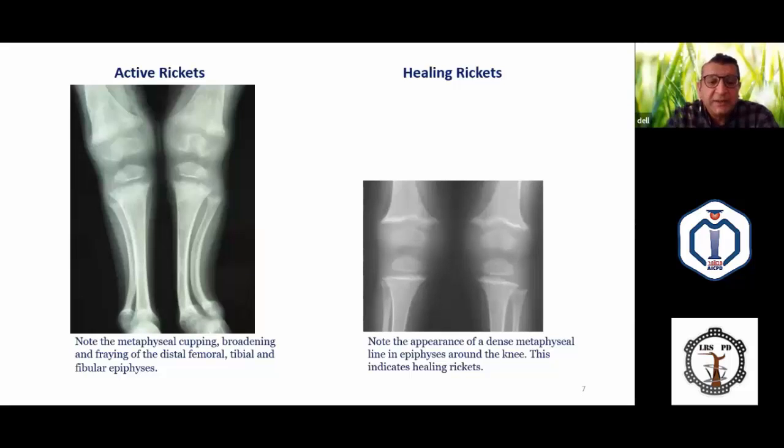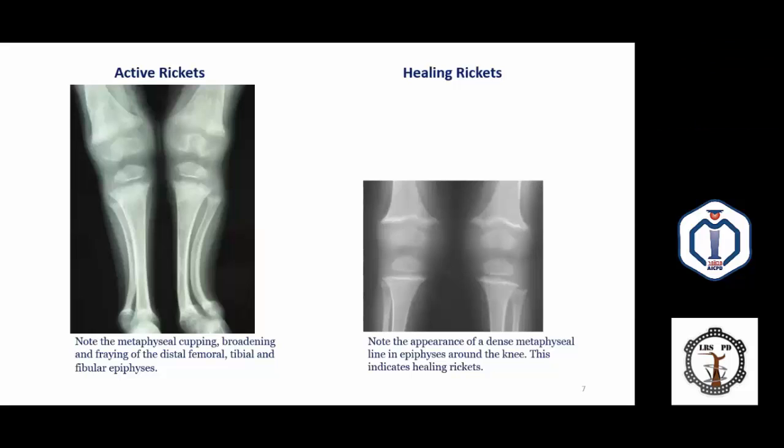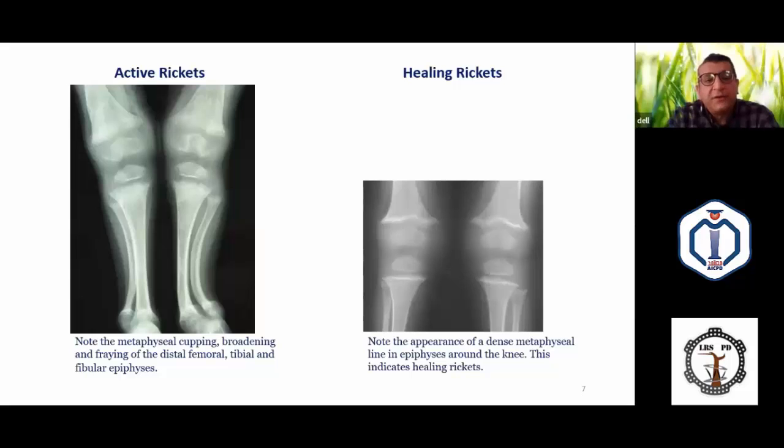Cupping is mostly demonstrated here in the distal fibular and distal tibial metaphyses. And all over there is fraying and widening, and even resorption of some parts of the epiphysis itself, like the distal femoral epiphysis. These are classic radiological signs of active rickets.